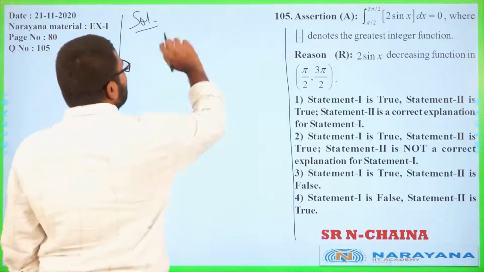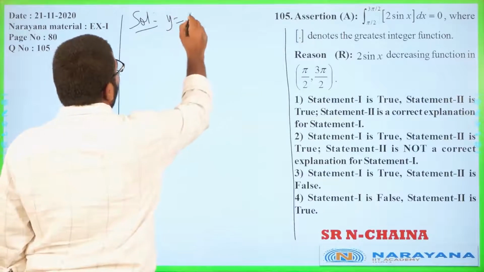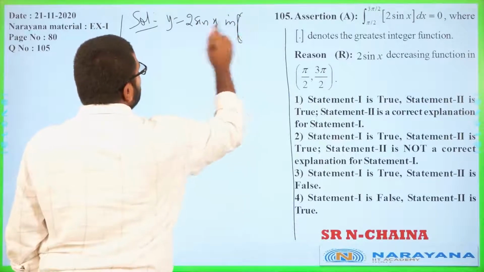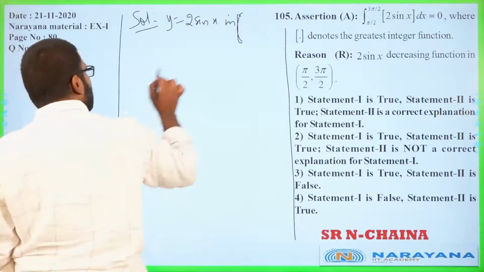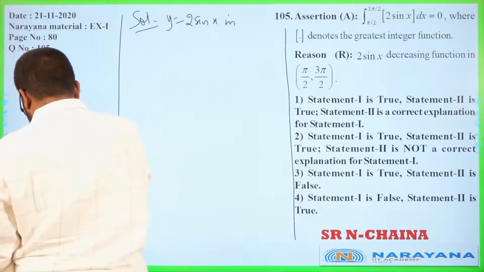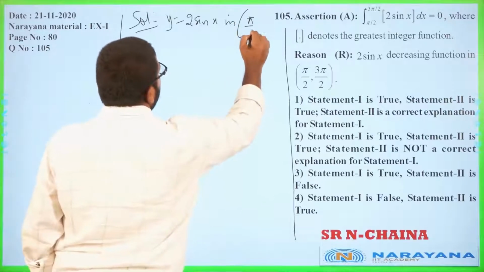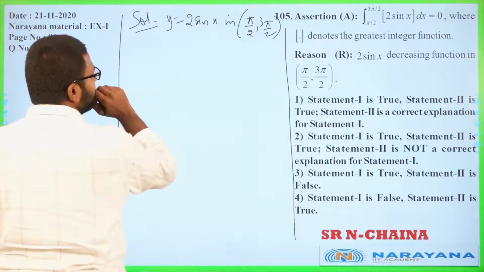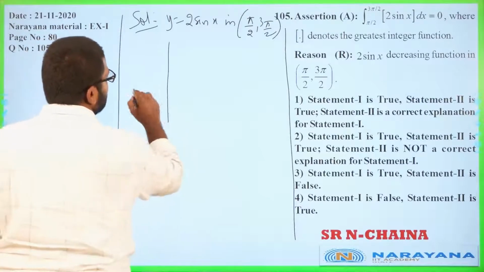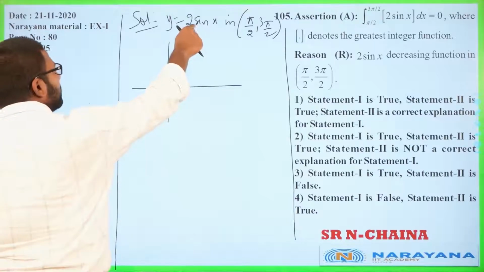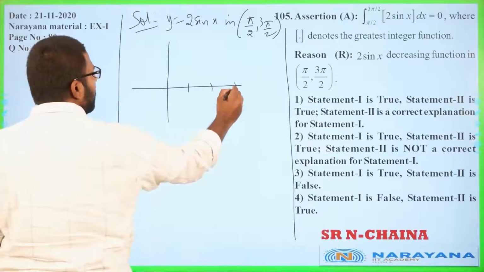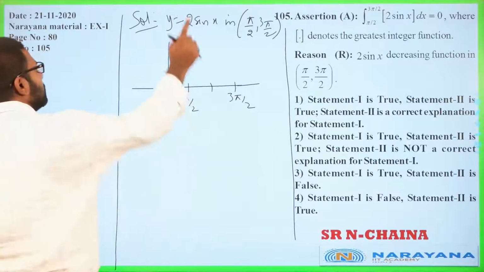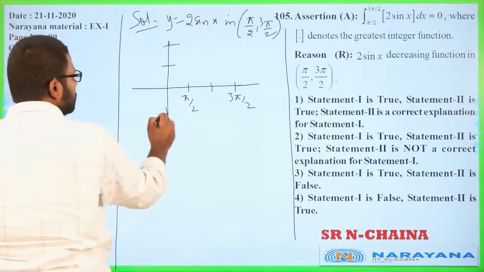Okay, so we will just draw the graph of y equal to 2 sin x in the open interval pi by 2 to 3 pi by 2. We know y equal to sin x goes from minus 1 to 1. So consider this is pi by 2, 3 pi by 2, which means y equal to 2 sin x will go from minus 2 to 2.